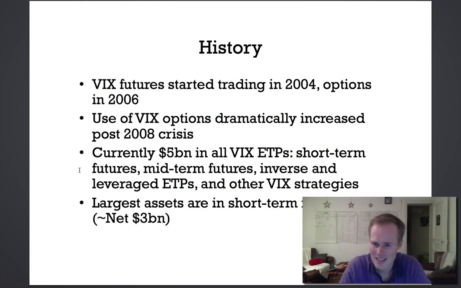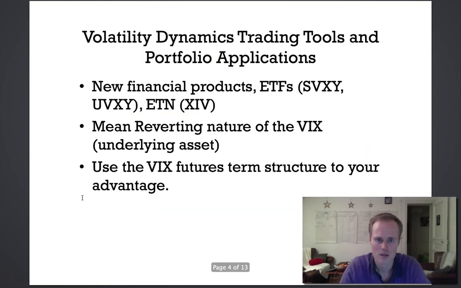The largest assets are in the short-term futures, the 1 and 2 months upfront, which have about 3 billion invested. So I'm going to go over the volatility dynamics, trading tools and the portfolio applications.